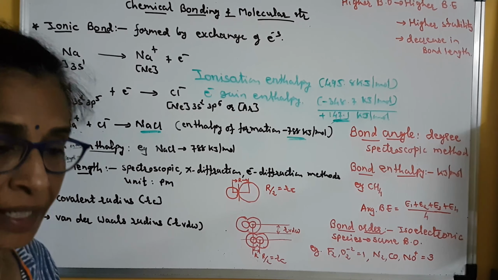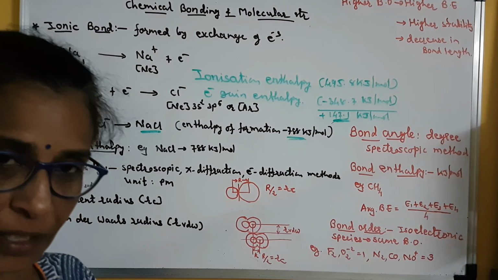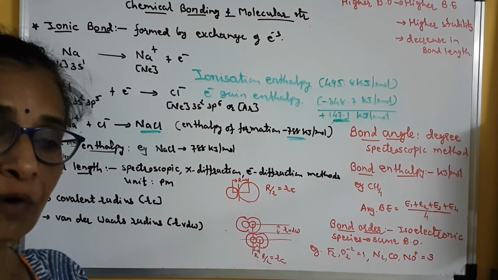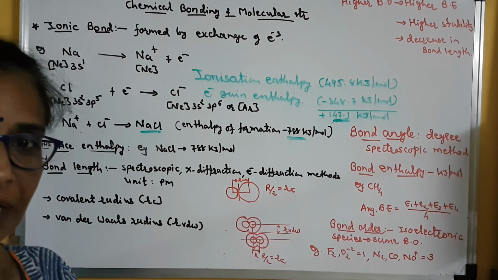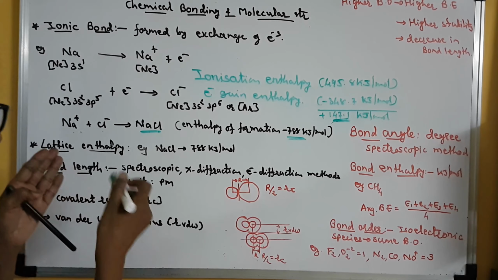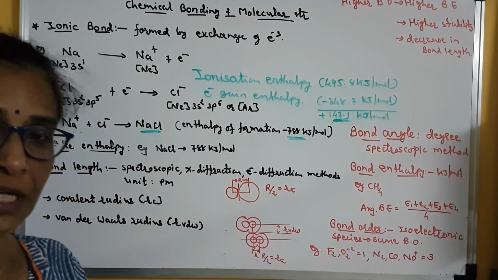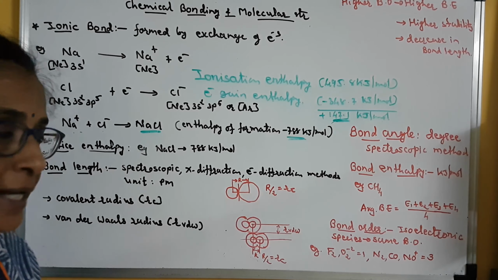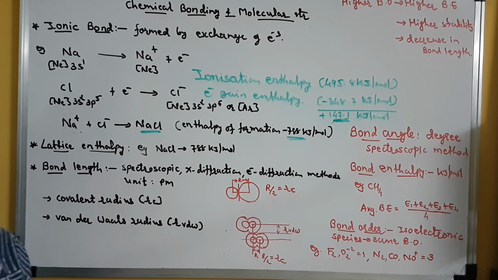It means that from 1 mole of solid NaCl, if we want to separate the ions completely, that is, separate Na+ and Cl- completely, then this much energy is required.